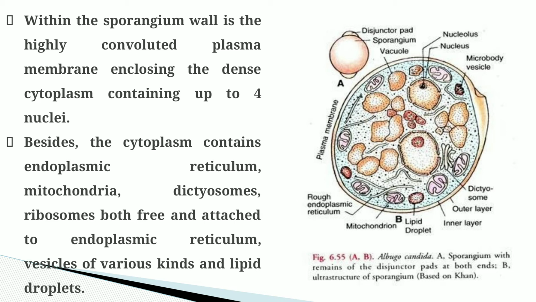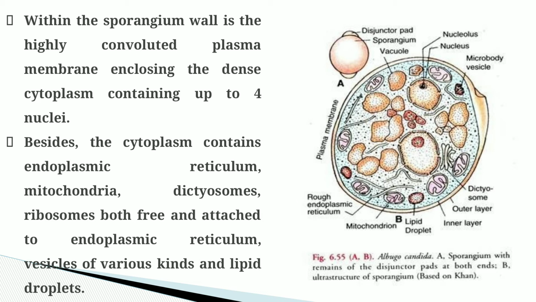Besides the cytoplasm, it contains endoplasmic reticulum, mitochondria, dictyosomes, and ribosomes, both free ribosomes and ribosomes attached to the endoplasmic reticulum. Vesicles of various kinds and lipid droplets are also present inside the cytoplasm.